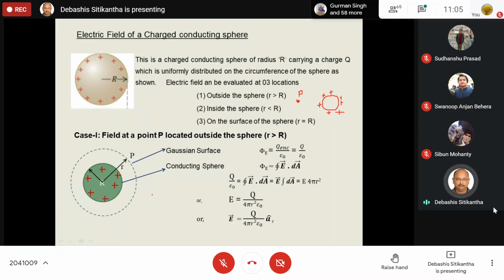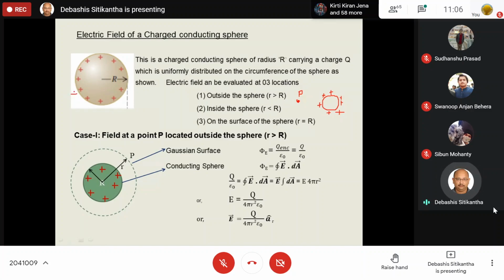Now let us try to follow the various steps. Over here it is written that this is a charged conducting sphere of radius capital R. Please note it is capital R. And it is carrying a charge Q, which is uniformly distributed on the circumference of the sphere as shown. Now, please don't get confused that it is only residing in the inner portion or the inner circumference.